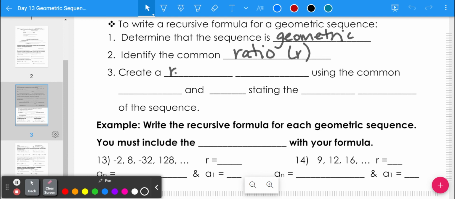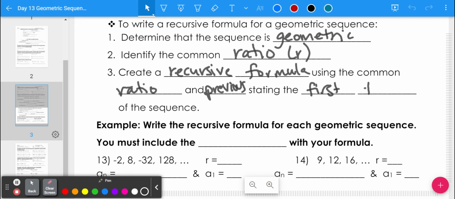Then you want to create a recursive formula using the common ratio and stating, we're going to use the common ratio and the previous term, so my a sub n minus 1. Then we also want to state what our first term is. Again, things that never change.